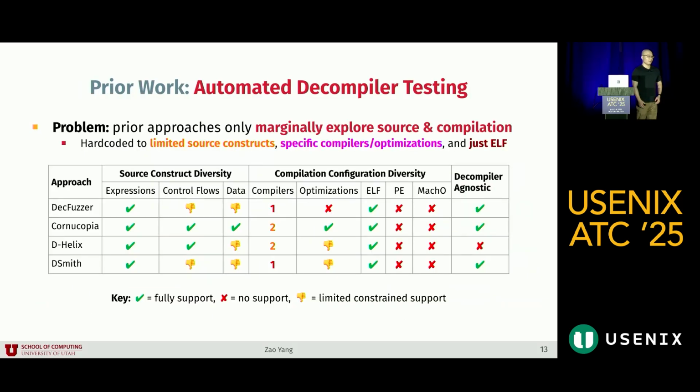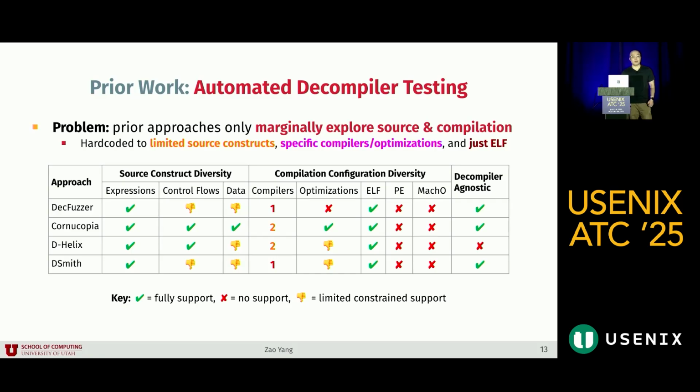Decompiler testing has advanced in recent years with these 4 state-of-the-art tools proposed to test decompilation incorrectness. However, as shown in this table, they only marginally explore source and compilation. They hardcode themselves to limited code constructs and to specific compilers and optimizations, and they only support ELF binaries.